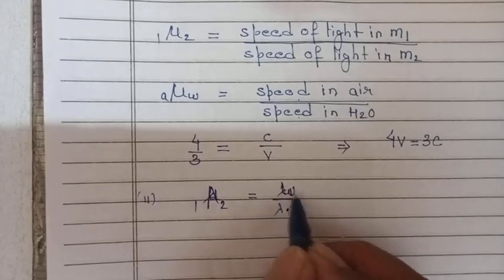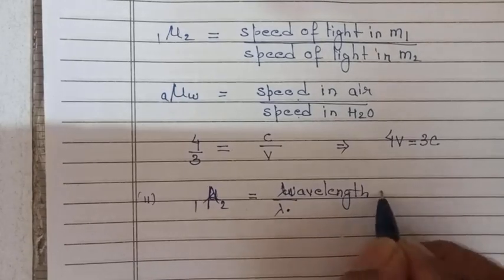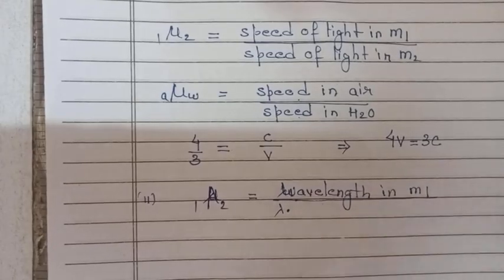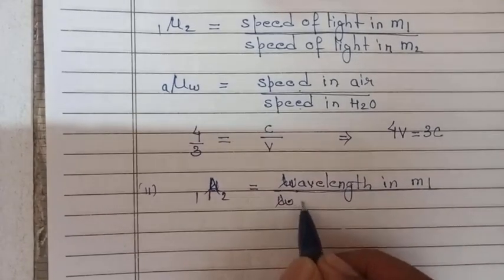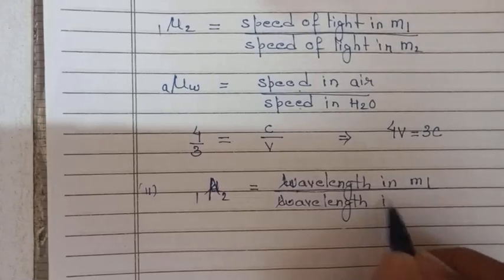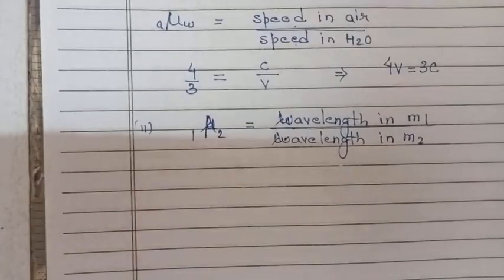So we can write it in statement: wavelength in medium 1 upon wavelength in medium 2.